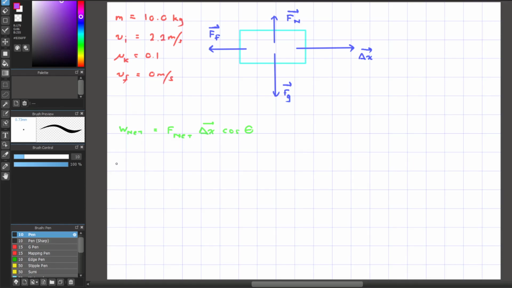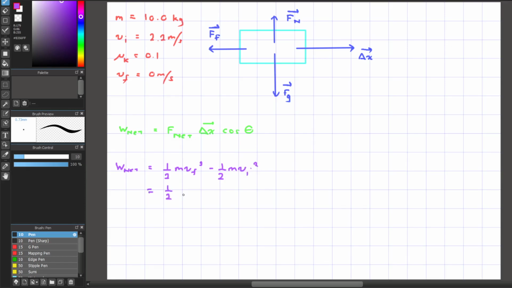So let's start by using the work kinetic energy theorem to find the net work. Remember, the work kinetic energy theorem says net work equals 1/2 times mass times final velocity squared minus 1/2 times mass times initial velocity squared. Looking at this equation, we have all the values to solve for it.